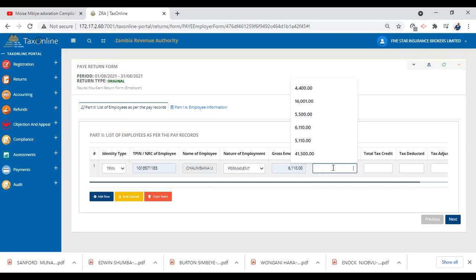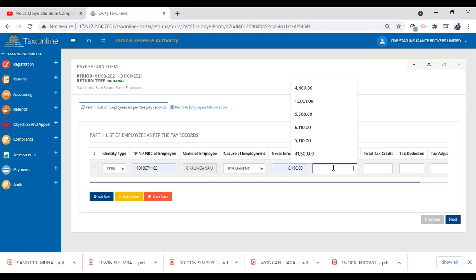So if, for instance, in that month you are paying the salary, you are also paying this individual the gratuity, maybe mid-term or end of contract gratuity.